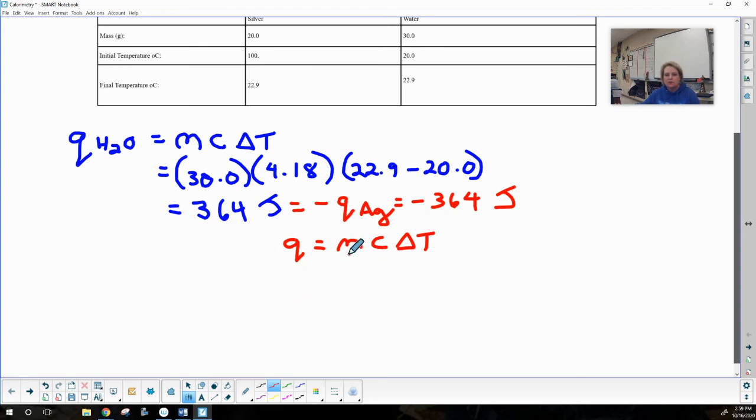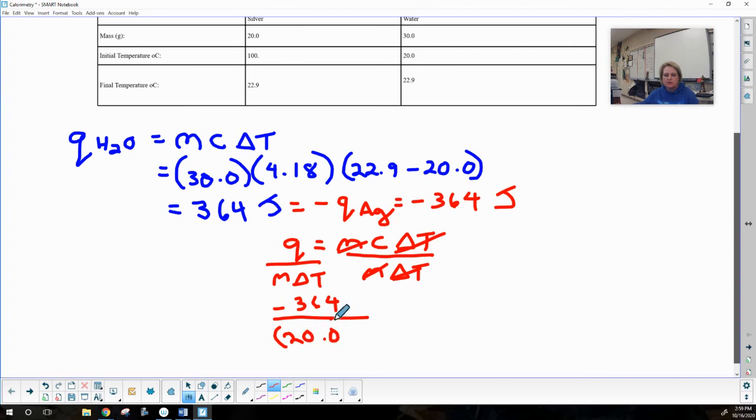So I'm going to divide both sides by mass and change in temperature. Mass, change in temperature. Boom, boom. And I'm ready to fill in. So negative 364 is my heat. My mass is going to be mass of the silver was 20.0.